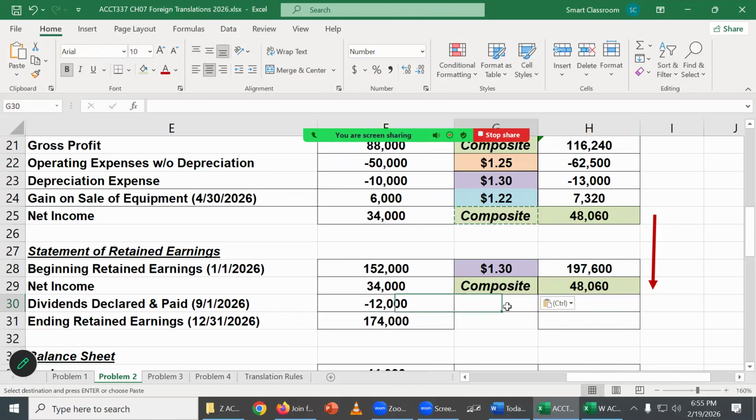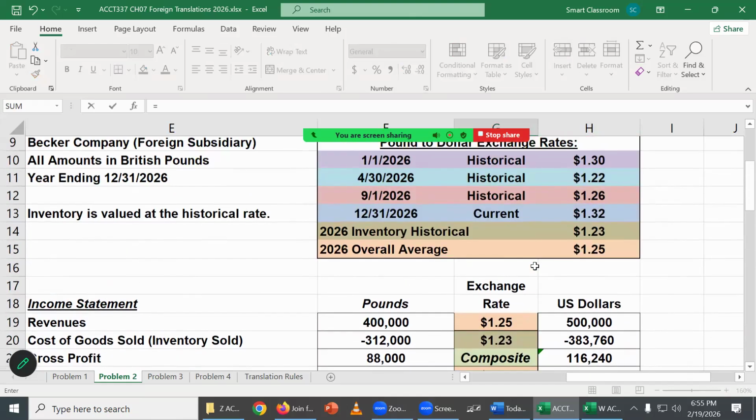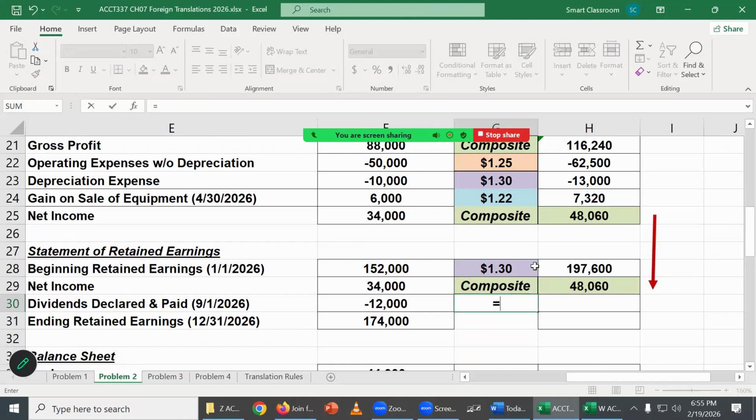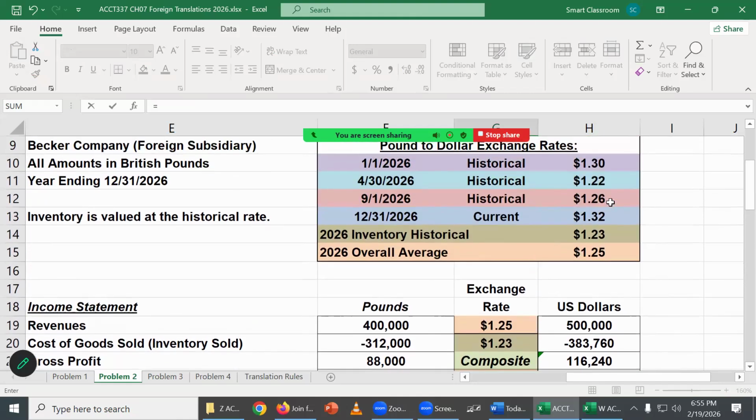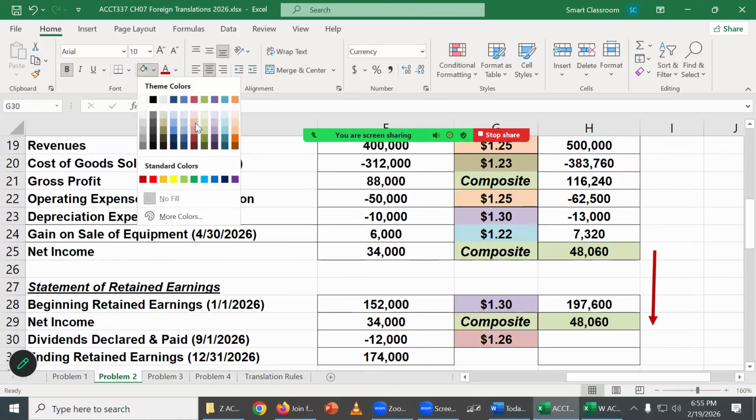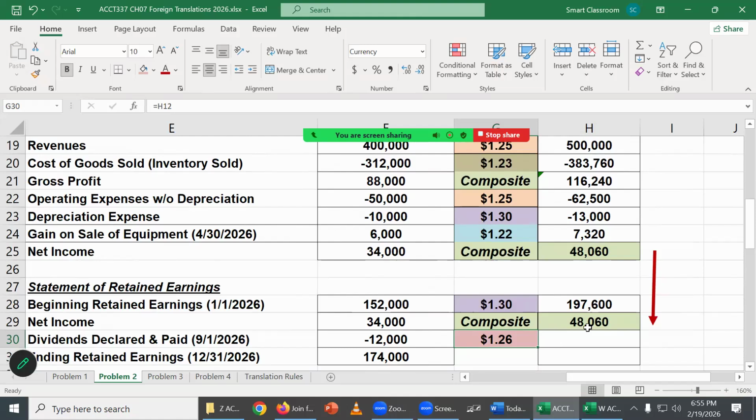Dividends declared should be at the same historical rate we did on the first one. $9,126. Same.